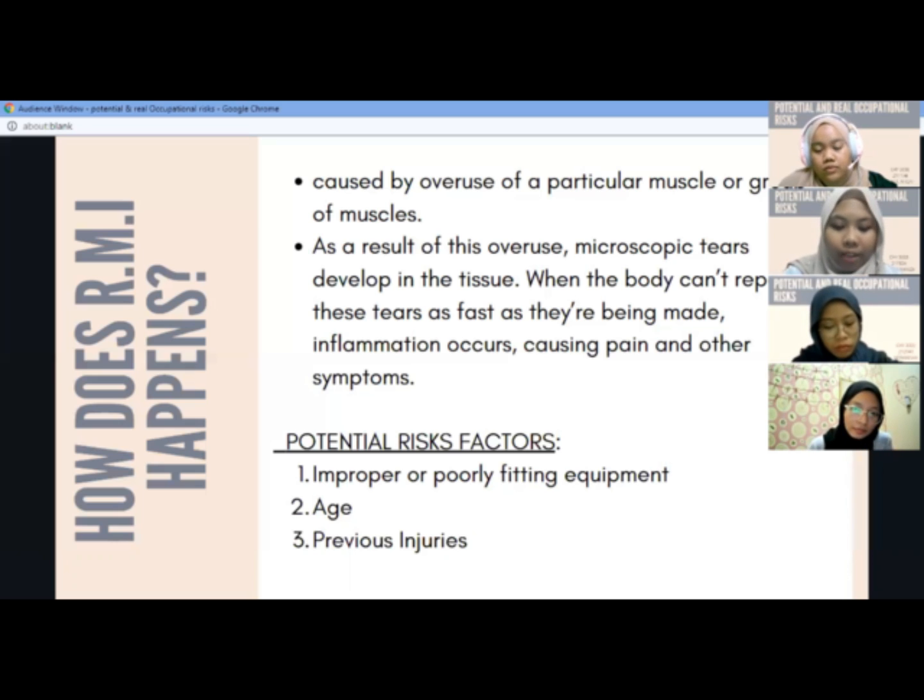We all know that contractors are mostly men, and a lot of them are quite aging, so it may affect their motion and their muscles and so on. And lastly is previous injuries. What does previous injuries mean? It may be because they were involved in an accident before that caused pain in the same place, so it can cause repetitive motion injury.